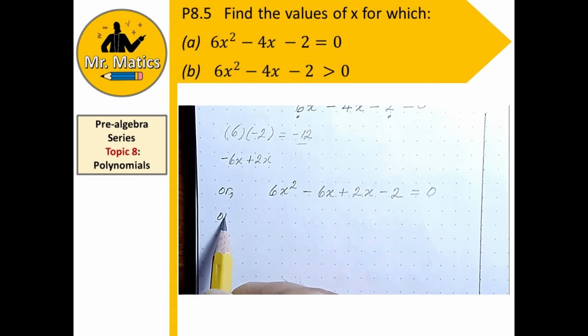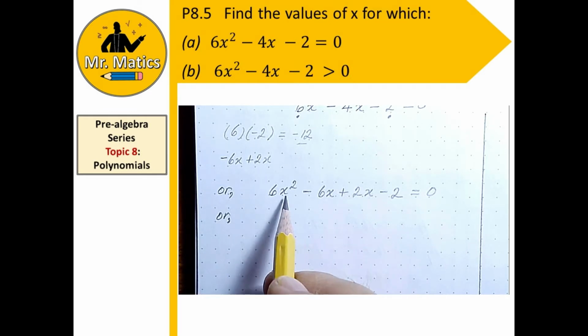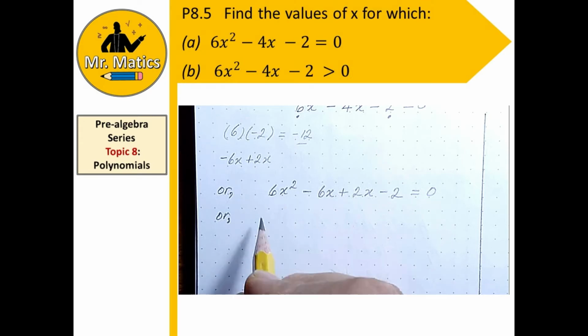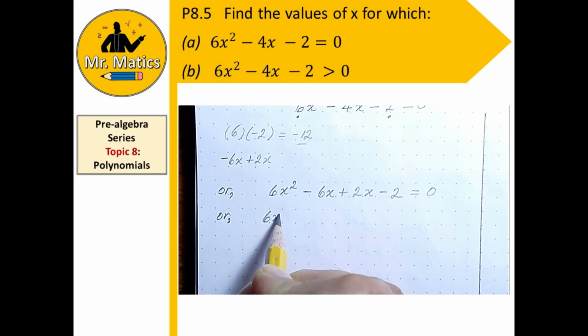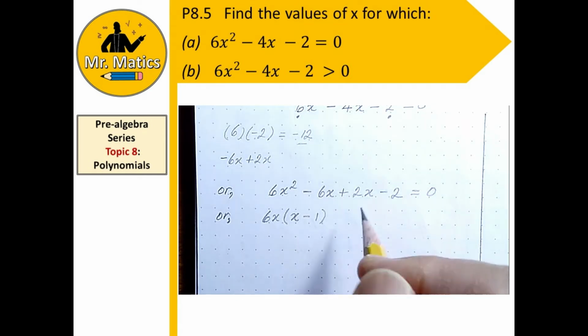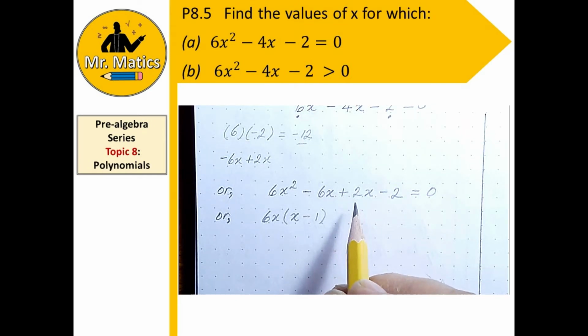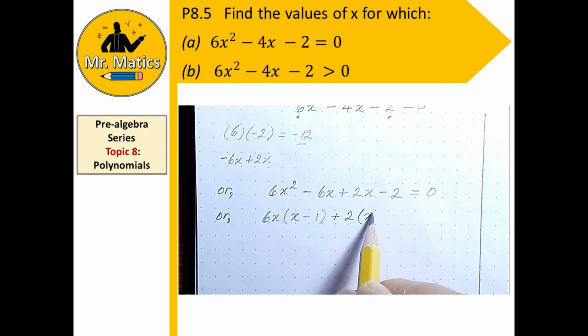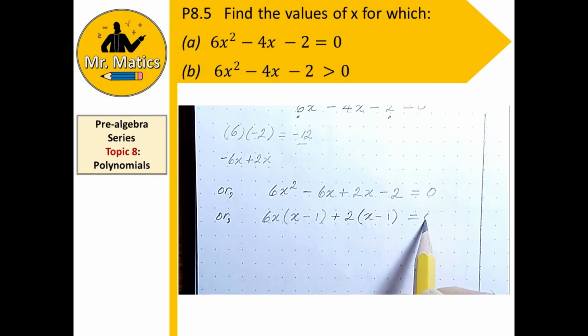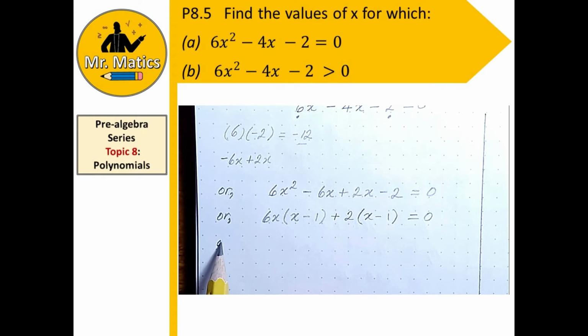We'll take 6x common from the first two terms: 6x times x minus 1, and 2 common, plus 2 times x minus 1 equals 0. Now from the first part and the second part, x minus 1 is common.